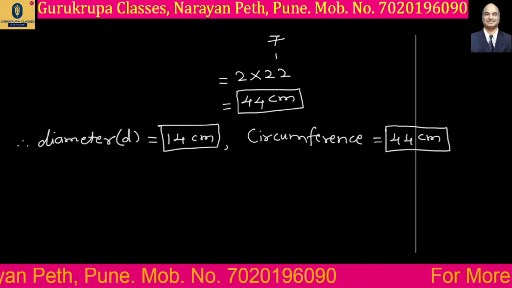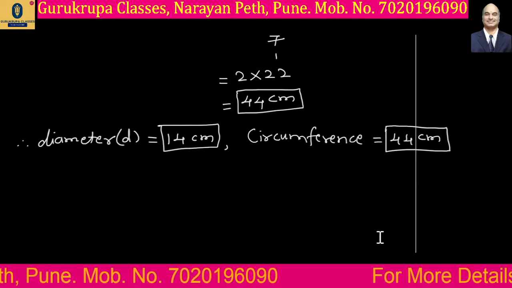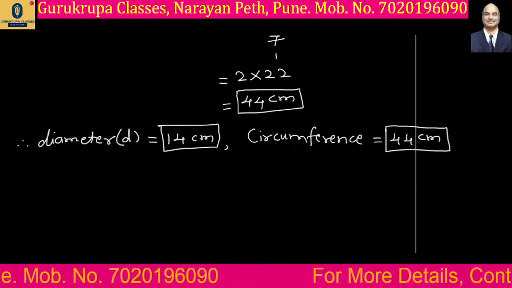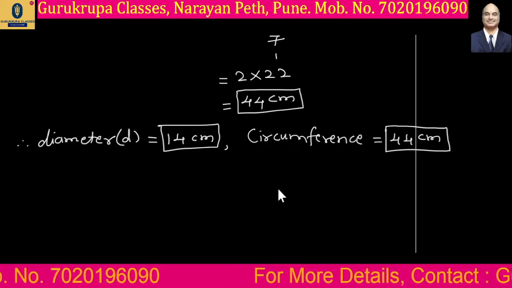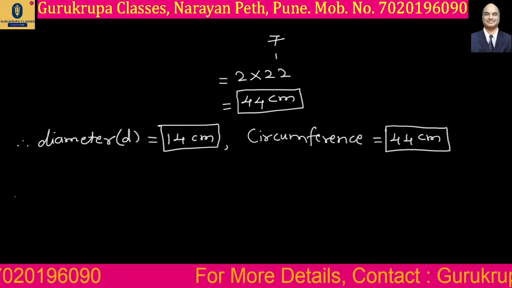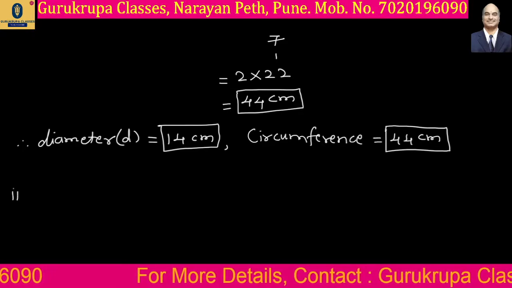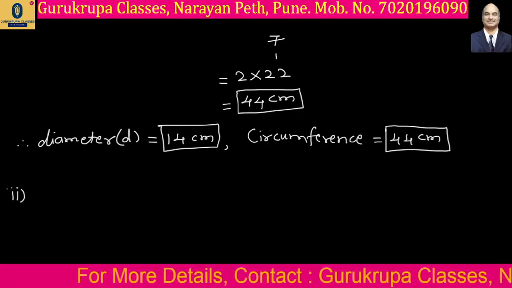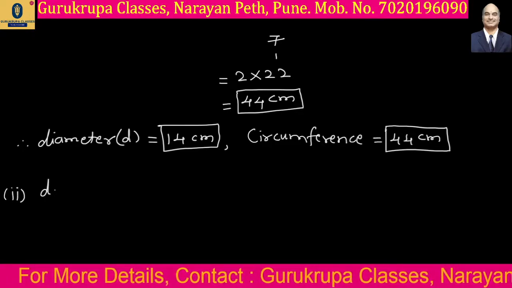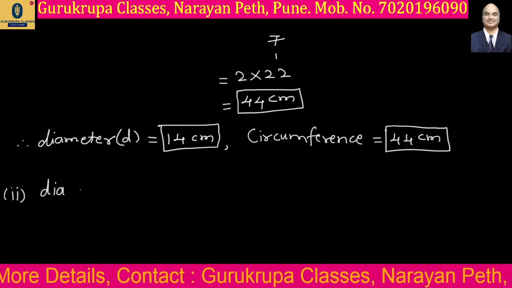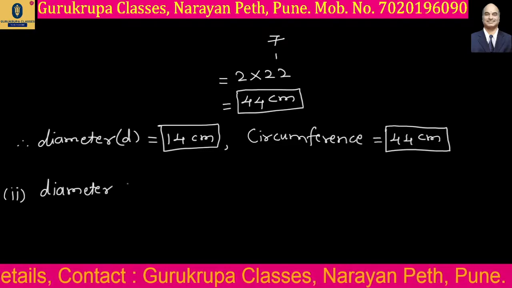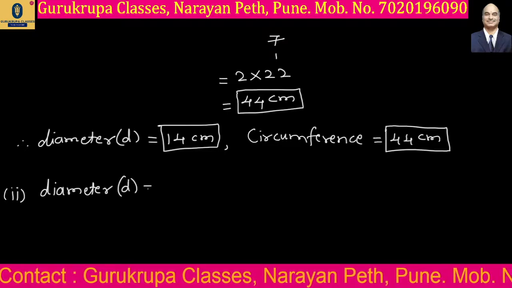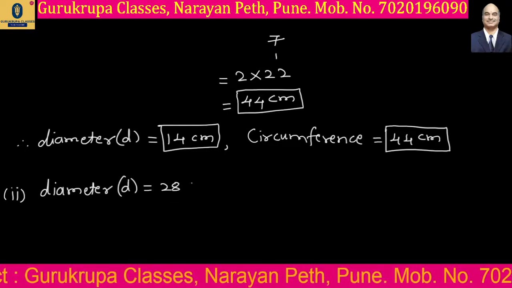So therefore, next sum we are going to solve here. Second sum, number 2. In sum number 2, diameter is given, 28 centimeter.